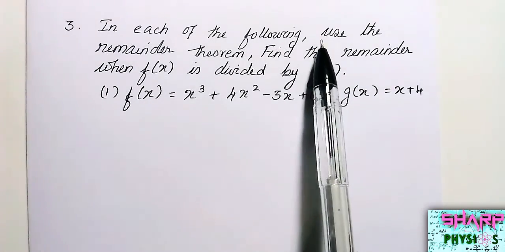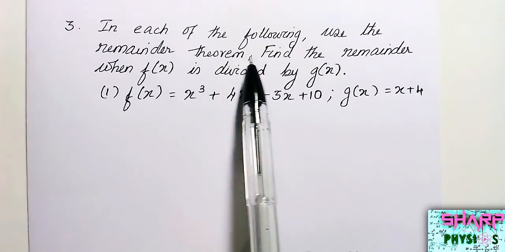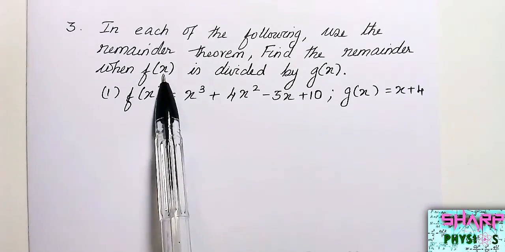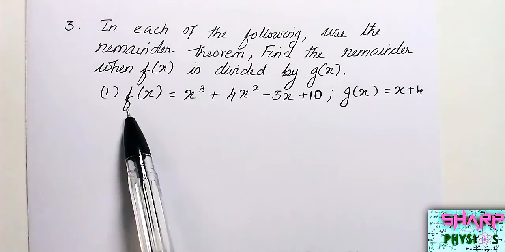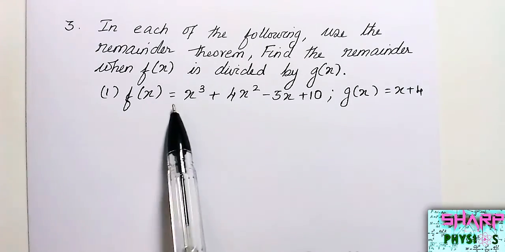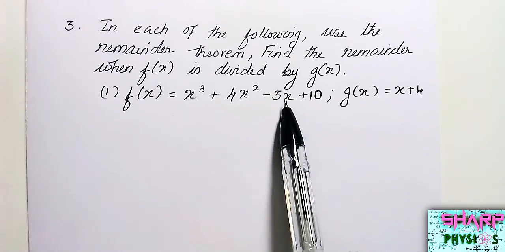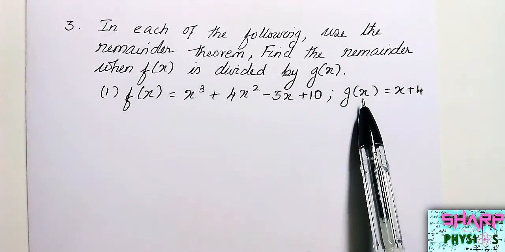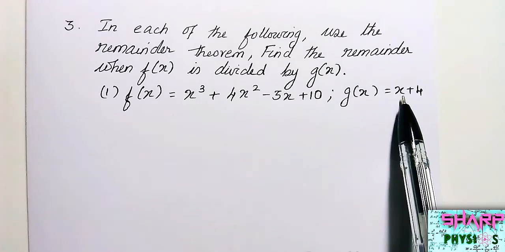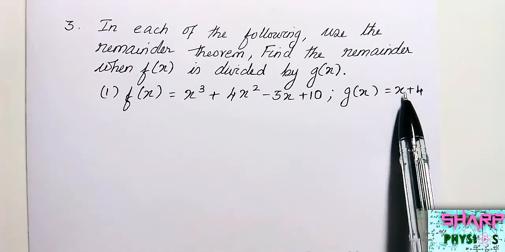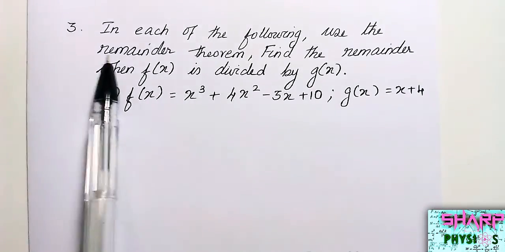In each of the following, use the remainder theorem. Find the remainder when f of x is divided by g of x. f of x is equal to x to the power cube plus 4x square minus 3x plus 10. G of x is equal to x plus 4. So the question comes with remainder theorem.